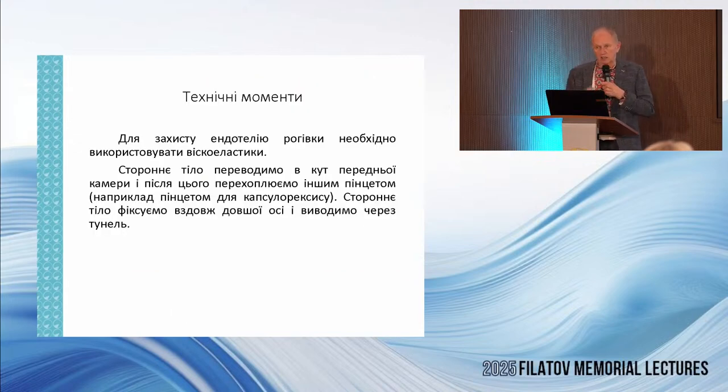Technical issues. In order to protect the endothelium of the cornea during posterior capsulorhexis, viscoelastic should be removed continuously. As for the foreign body, it is moved to the anterior chamber and cut by another forceps. It is being fixed along its main axis.